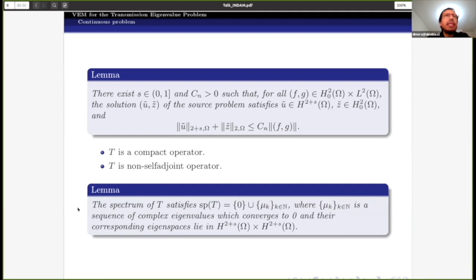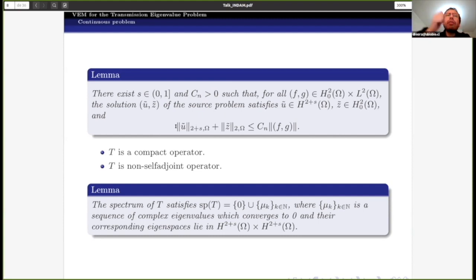With this aim, we first have this lemma, which is an additional regularity result for the source problem. There exists s in the interval (0, 1) and a positive constant Cn, which depends on the index of refraction, such that for any data (F, G) of the operator, the unique solution of the source problem is more regular.